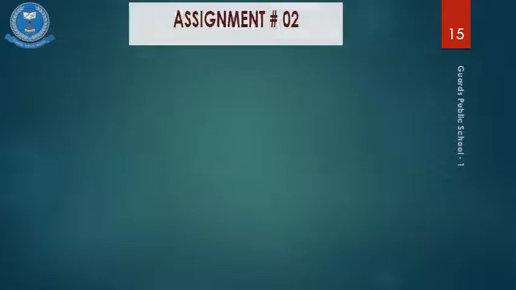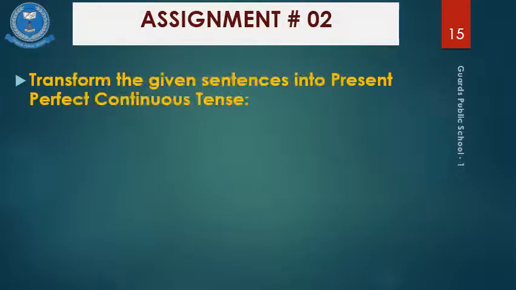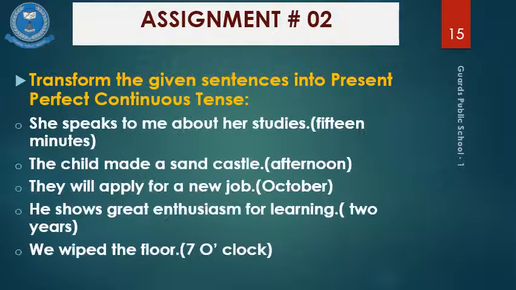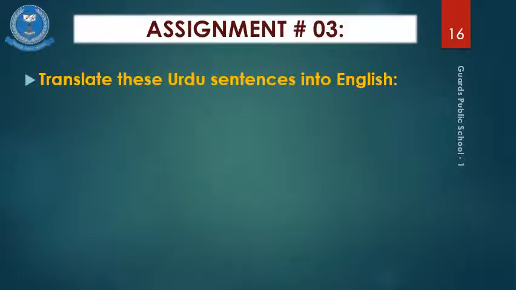In assignment number 2, you have to transform the given sentences into present perfect continuous tense. And don't forget to use the given time expressions after every sentence. In assignment number 3, translate these Urdu sentences into English.